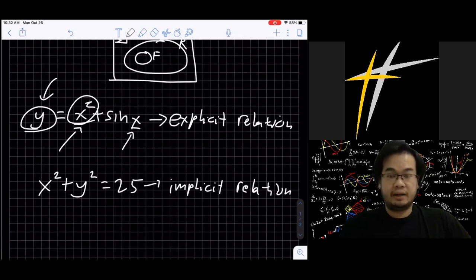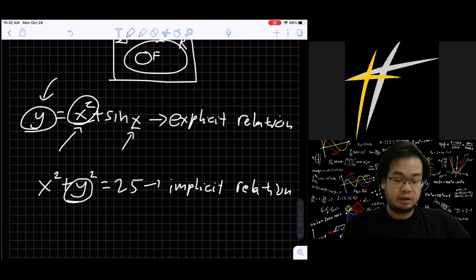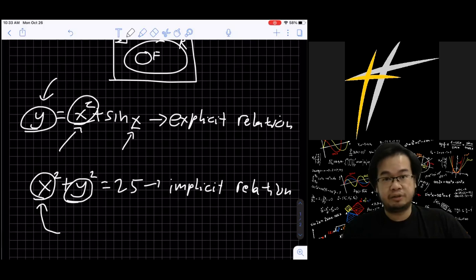Why? Because one variable is not expressed directly by another variable. It means that if I substitute the value of x, then I still need to change something so that I get the value of y, right?